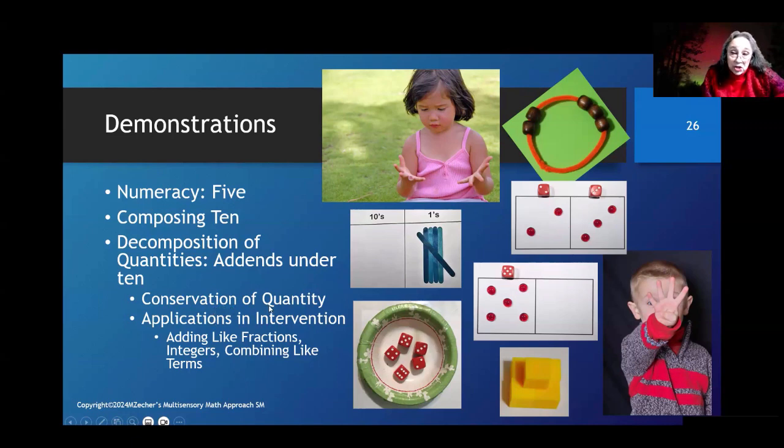The arrangement may change, but the quantity stays the same. That is taught in kindergarten, 1st and 2nd grades, but it's a foundational concept for fractions with equivalent fractions and for algebra. Think of the different forms of linear functions. Think of the different forms of quadratic functions. The arrangement may be different, but the quantity stays the same.